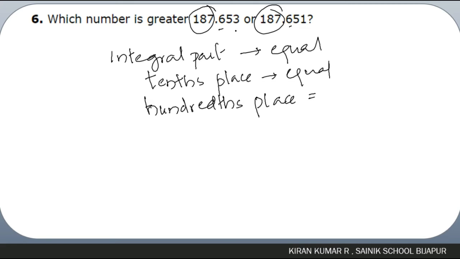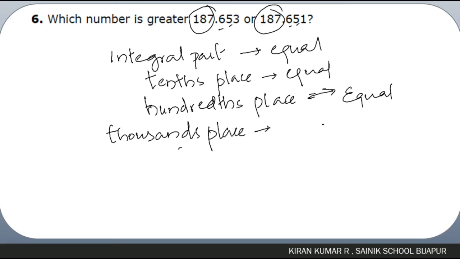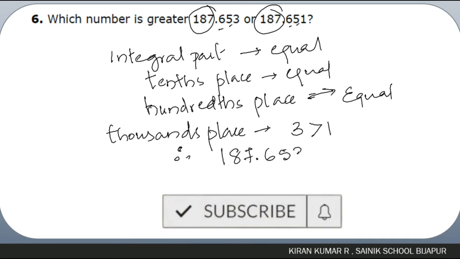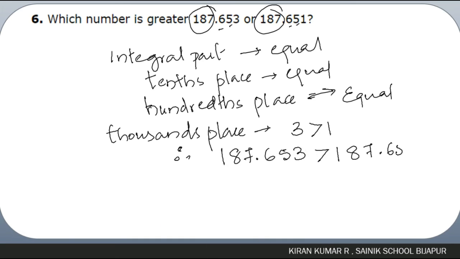The digit is 5 each, so the hundredths place they are also equal. Look at the thousandths place. Here in thousandths place 3 is larger than 1. That is the reason why 187.653 is larger than 187.651.